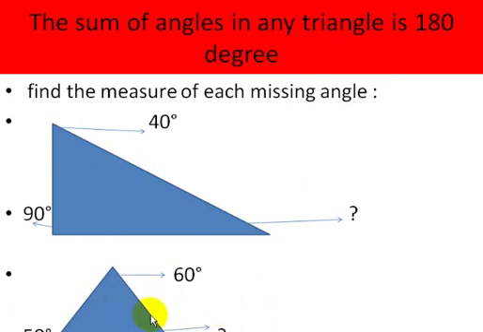How much do we need to reach 180 degrees? We have 110 here, so we have 70 in the third angle. So the third angle measures 70 degrees because 50 plus 60 plus 70 equals 180.